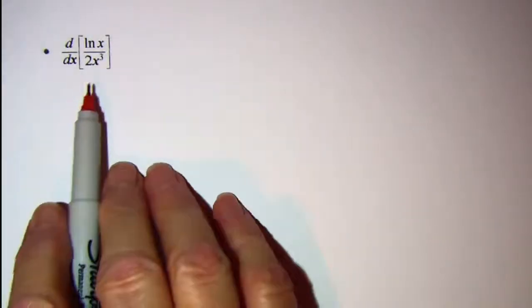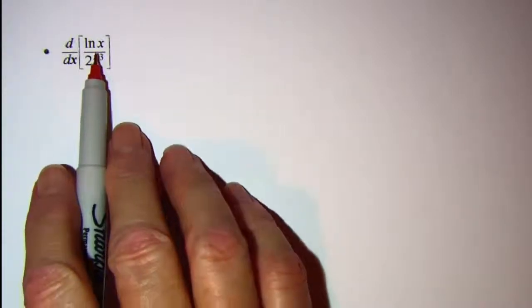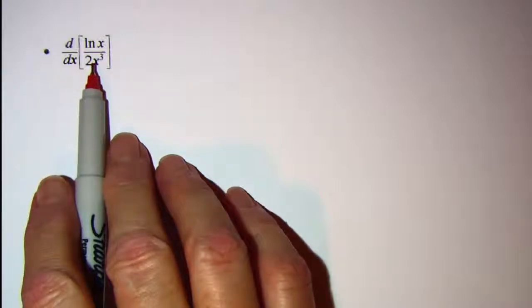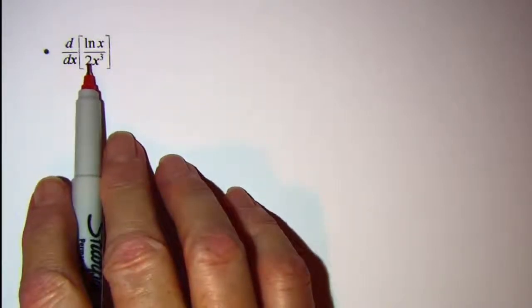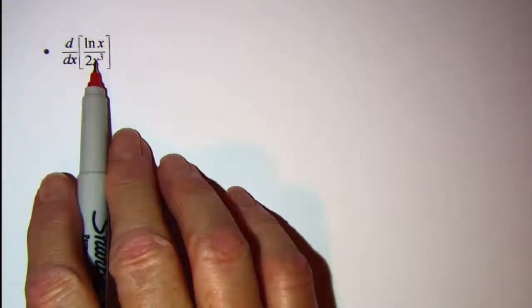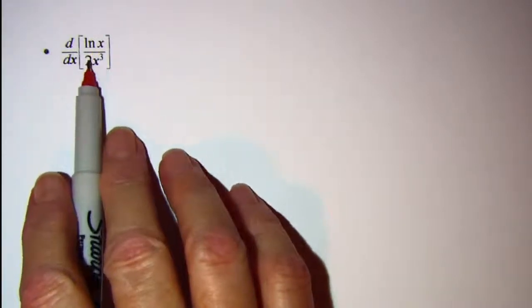Let's do one more. Alright, we see that we have a quotient here, but since I can write these factors that are in the denominator as factors in the numerator, I'm not going to use the quotient rule. I'm going to rewrite this.